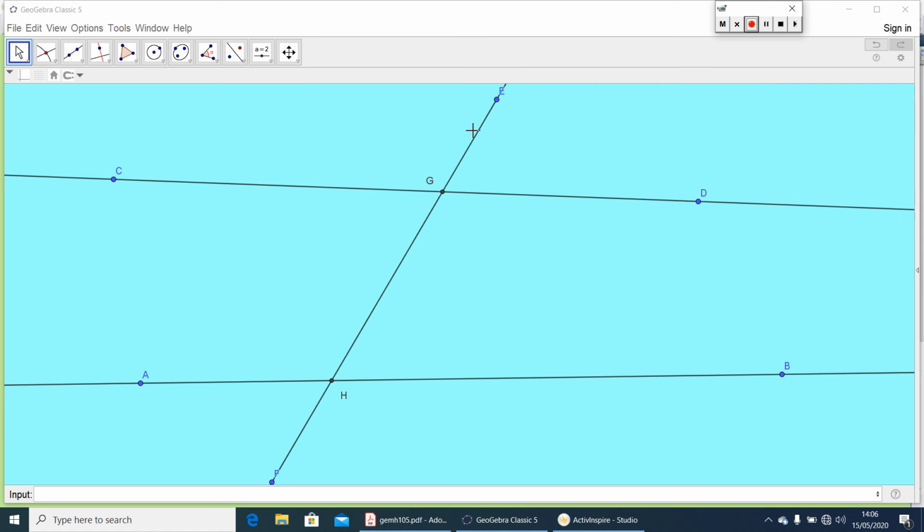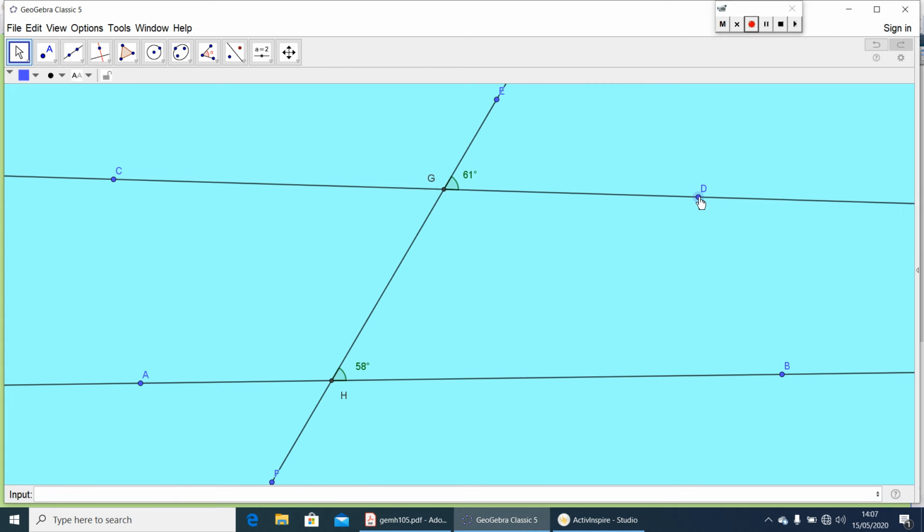Let it intersect at G and H respectively. Now you know that if two lines are parallel, their corresponding angles will be equal. Now check whether the corresponding angles are equal or not. Here it is not equal, so we can say these two lines are not parallel.